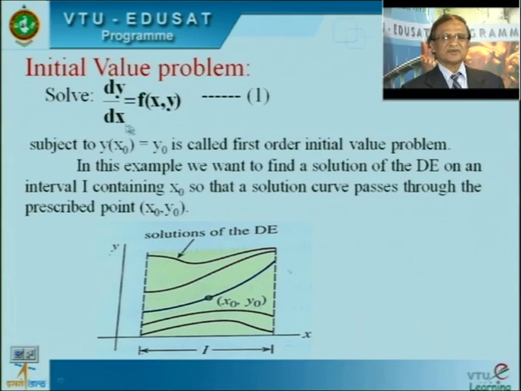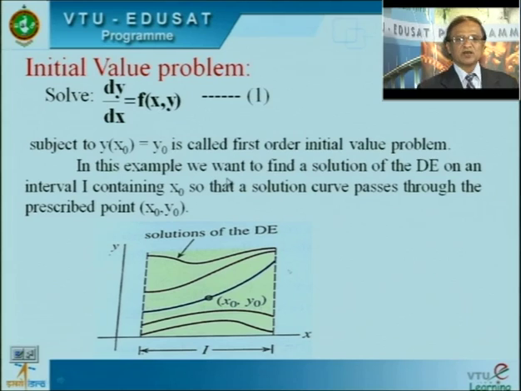As I have mentioned, we can find the solution of this differential equation, and you can draw the solution curves, and you will get a family of curves. Here they have given one condition, namely y of x naught is equal to y naught. So it is called a first order initial value problem, right.